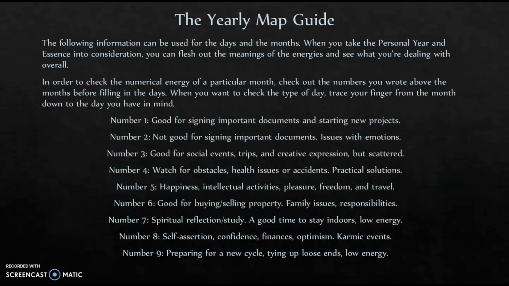Now this isn't hard and fast. There could be other elements of each number for that particular day. For example, for the number 2, it could be great for working cooperatively with others. For the number 3, it's also about communication, but also spreading yourself thin. So you have to be careful to focus and rein yourself in on that day.